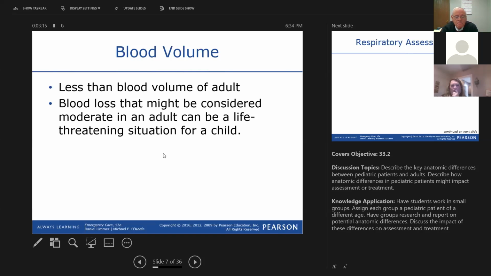A baby or a very, very small child maybe only has enough blood that's the size of a Pepsi can, 350 milliliters. Whereas adults have a lot more blood, 5 to 6 liters, usually around 5. But they just have the amount of blood that's in like a Pepsi can.